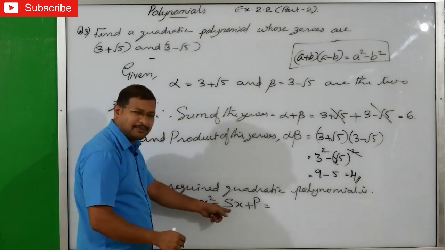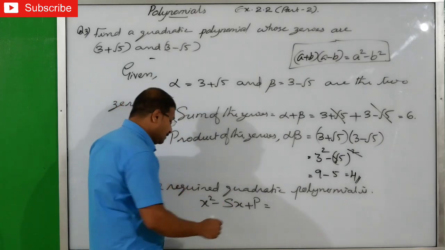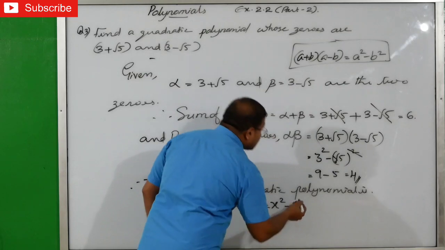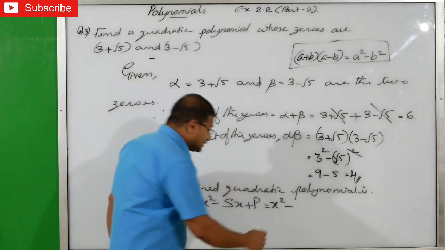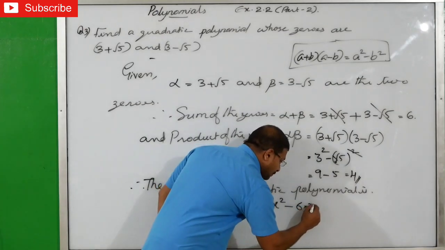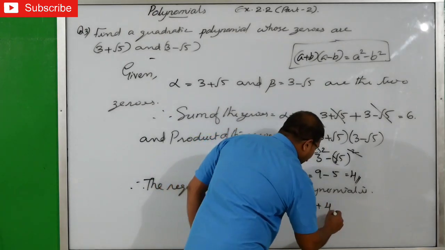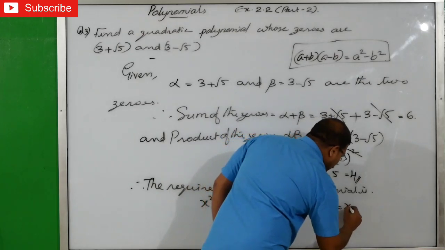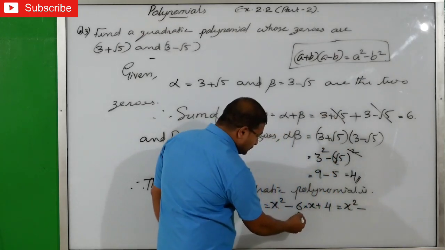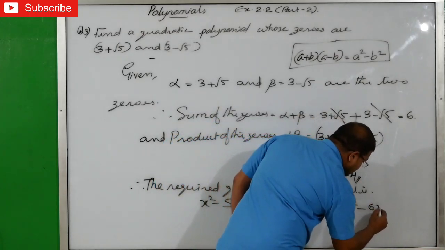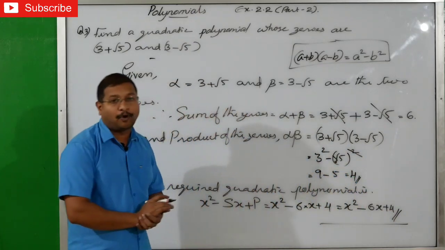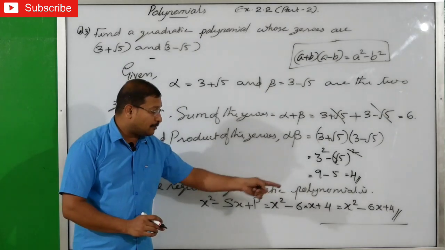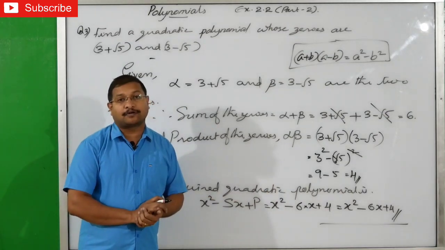I am keeping the product as p. x square minus sum, how much did you get? 6, isn't it? That means 6 into x plus product, that's 4, equals x square minus 6x plus 4. This is the quadratic polynomial: x square minus 6x plus 4.